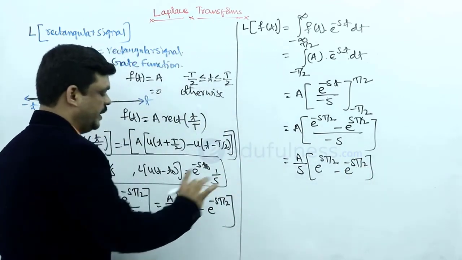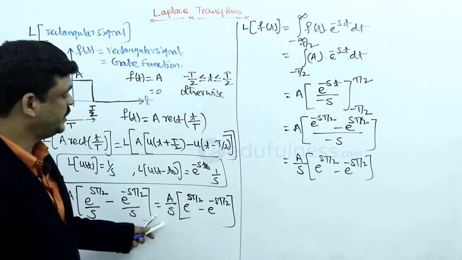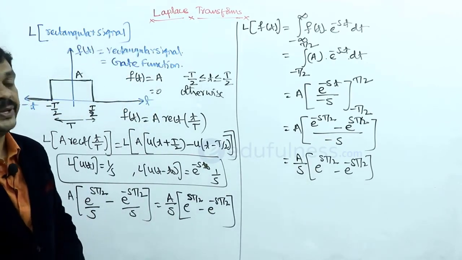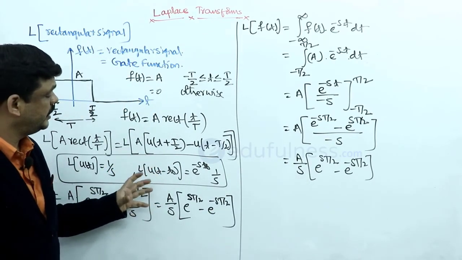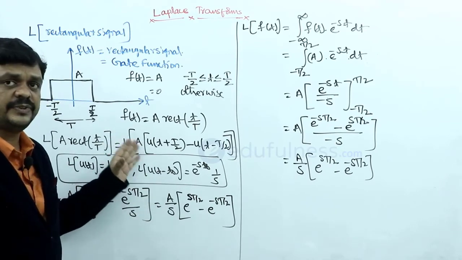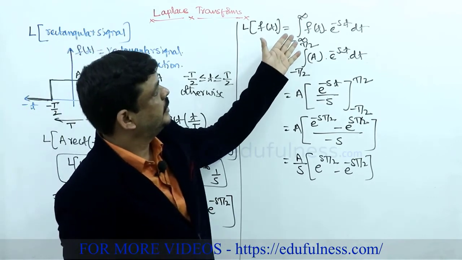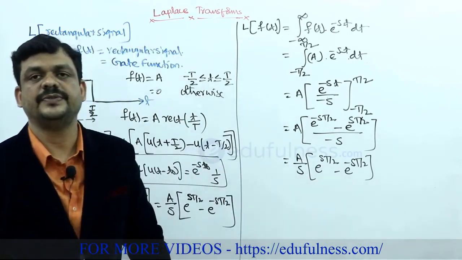So finally it gives the same answer, A by s into e to the power of sT by 2 minus e to the power of minus sT by 2. So here I have applied the shifting property and linearity property, and here the basic Laplace transform formula.